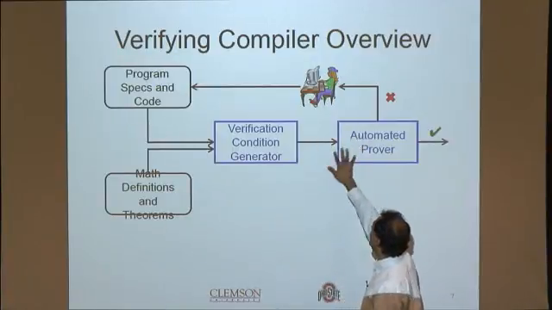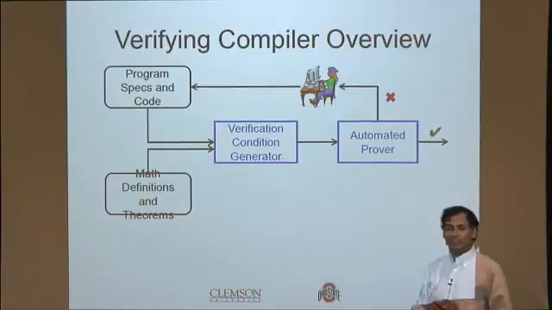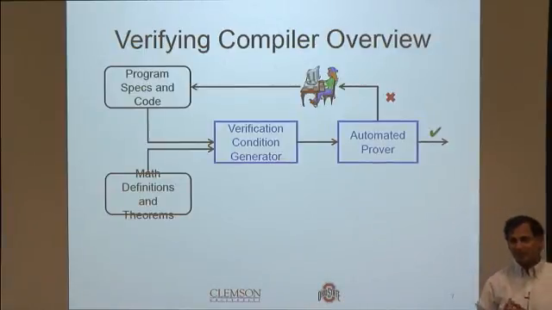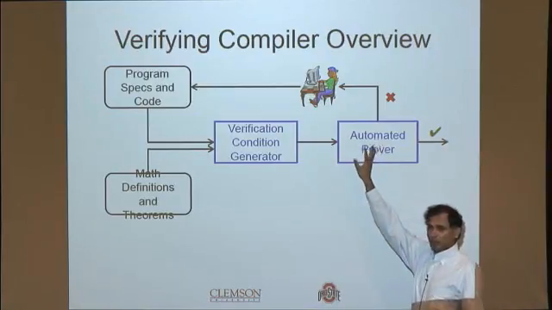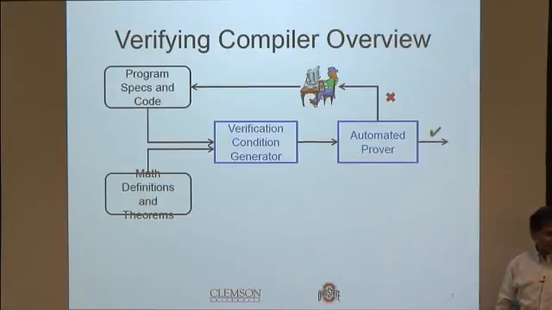So overall, the Resolve verifier has this part, the verification condition generator. That's essentially here are the set of conditions necessary and sufficient to prove the code correctness. And then there's an automated prover that discharges those obligations using the results from the mathematical theories.